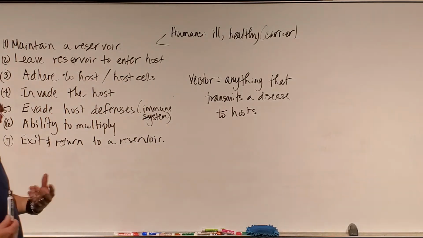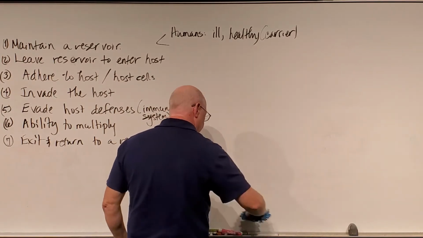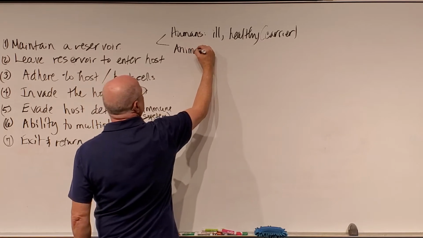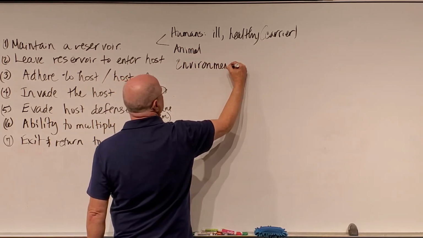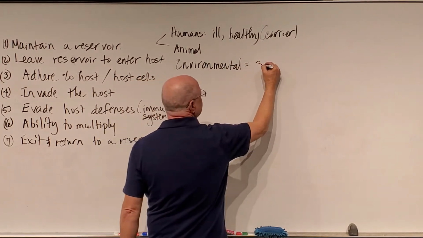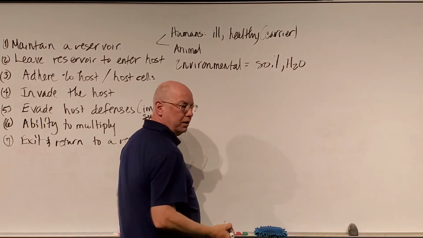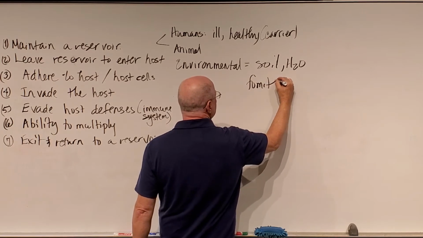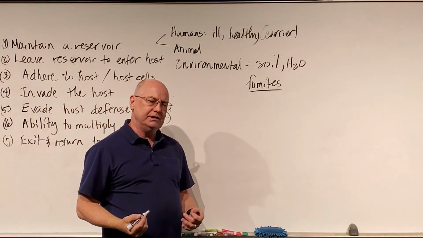Now, there's also environmental reservoirs. So we've talked about animal reservoirs, we've talked about human reservoirs, and then there are environmental reservoirs. Environmental reservoirs would be things like soil, contaminated water, or things that we call fomites, which are inanimate objects that can carry a disease.